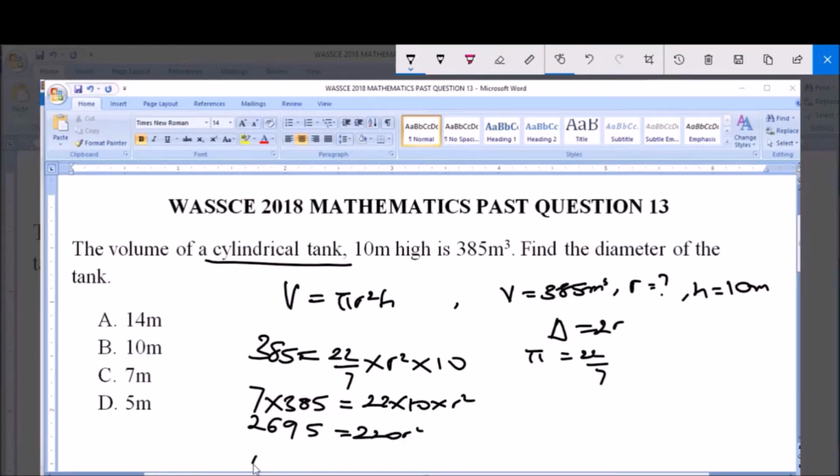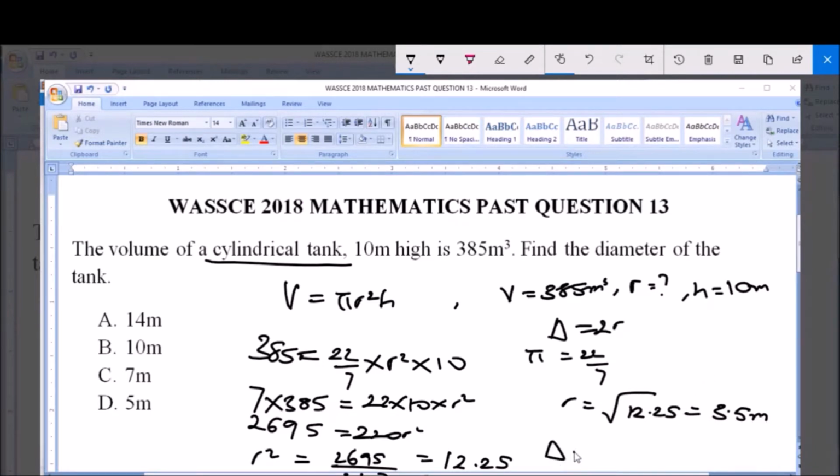Now r square is equals to 2695 all over 220, and this is equals to 12.25. Then r is equals to the square root of 12.25, and this is equals to 3.5 meters. So therefore the radius of this cylindrical tank is 3.5 meters.